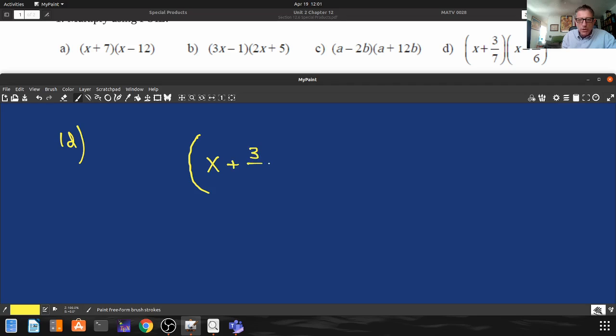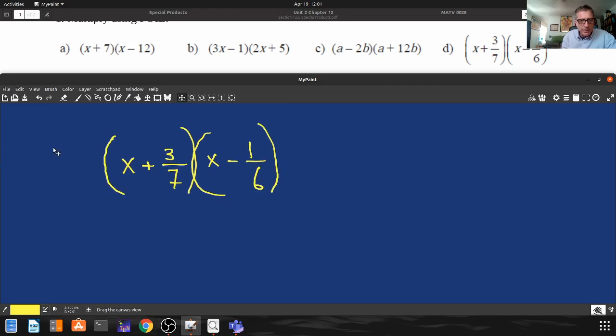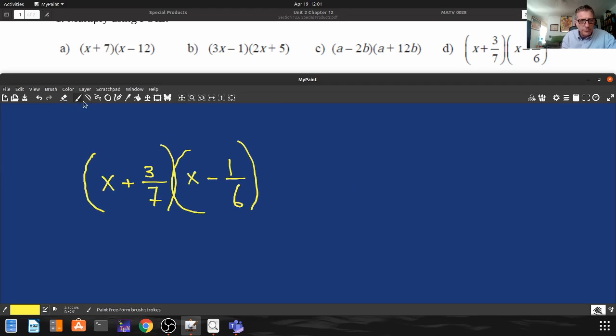FOIL only works really when you have a binomial, that's a polynomial with two terms, multiplied by another binomial, which is a polynomial of two terms. So let's get us some room here. So my first terms, my F term is x times x is x squared.